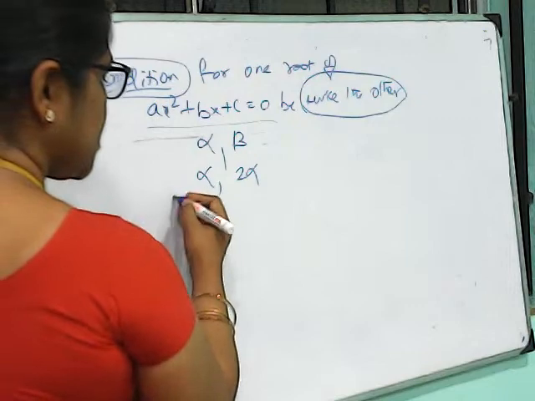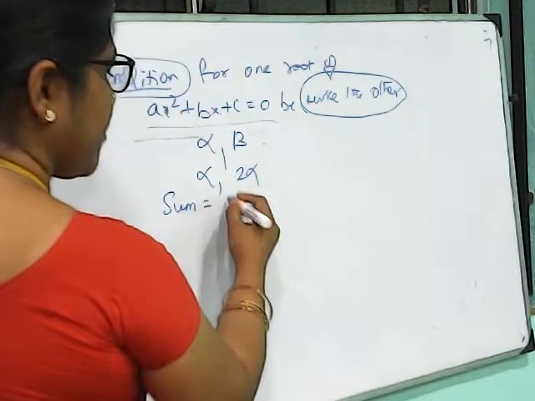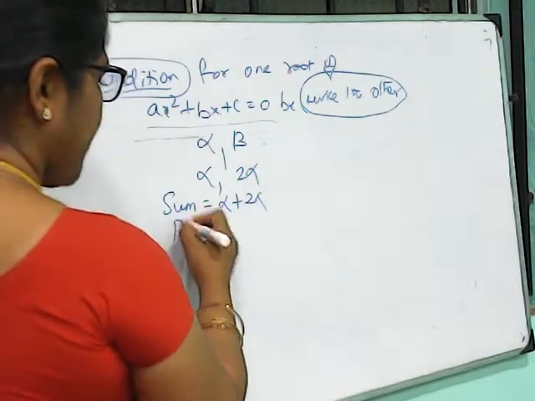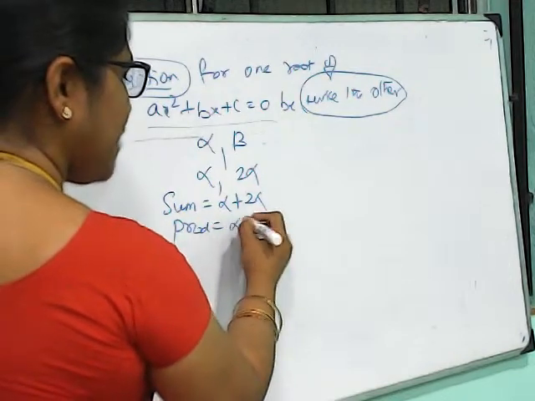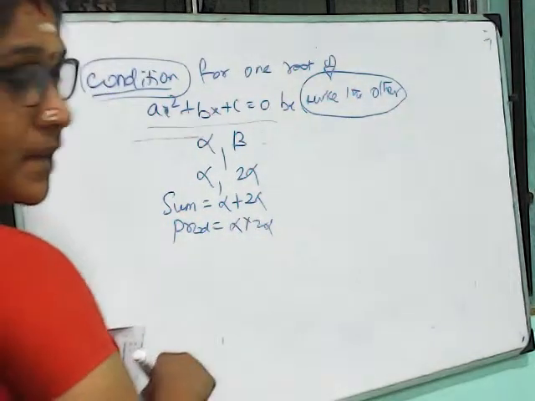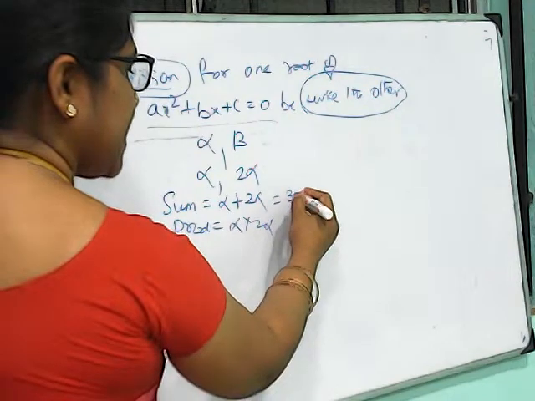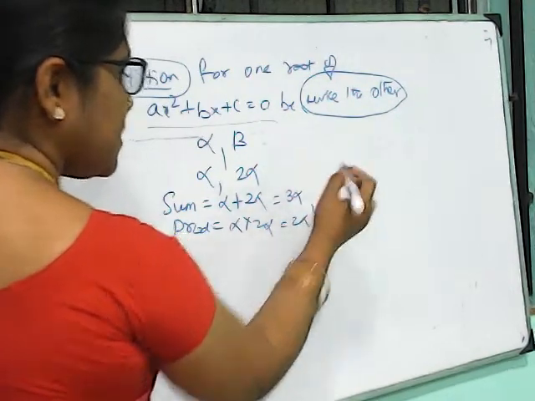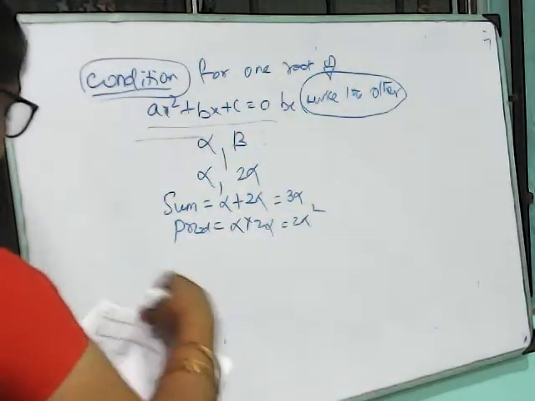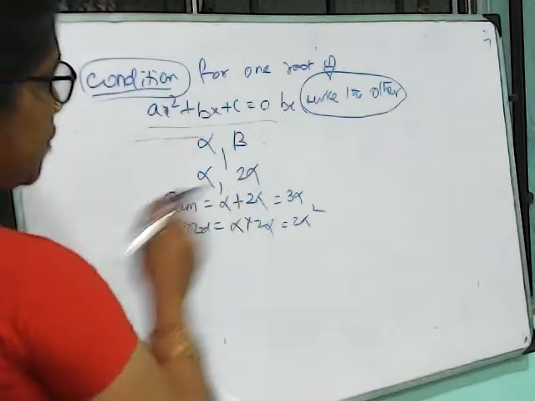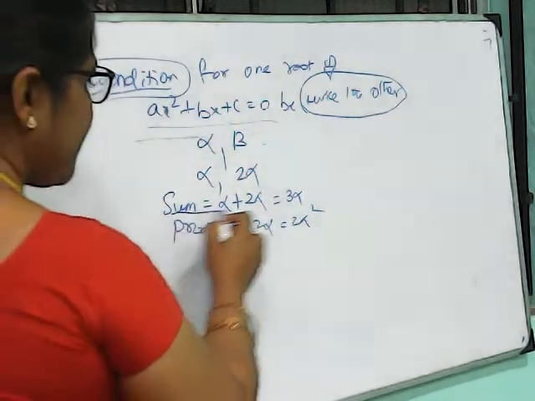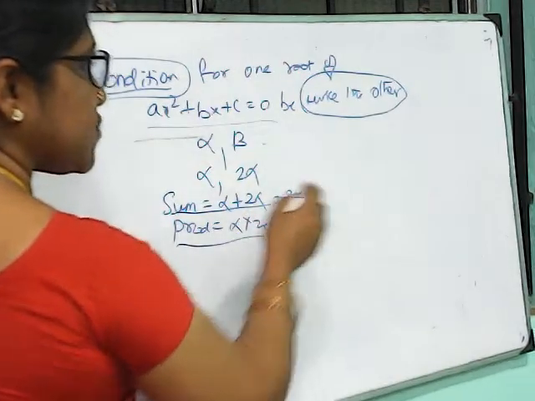You are asked for a condition, so what will the sum be? Alpha plus 2 alpha, and the product will be alpha into 2 alpha. Sum, alpha plus 2 alpha, is 3 alpha, and the product is 2 alpha square.